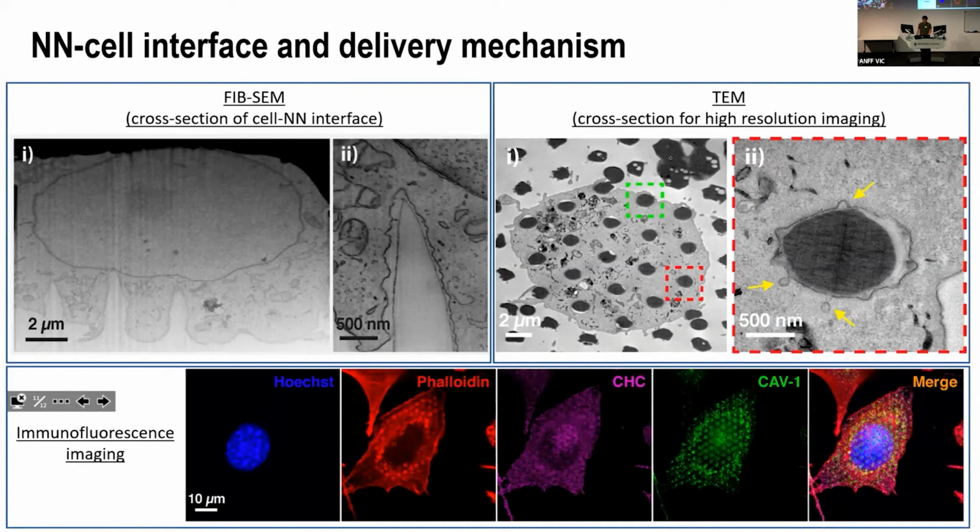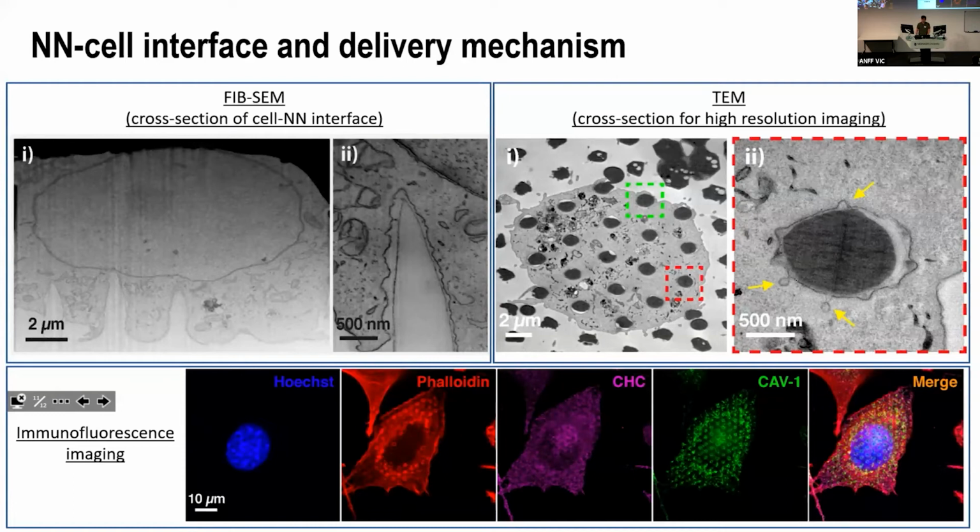The second technique we use is an ultramicrotome to slice the sample into a thin section for high resolution TEM imaging. Here we have the whole cells showing, with the black dots being the nanoneedles. With a closer look, we can see the endocytic pits and vesicles forming around the nanoneedles.